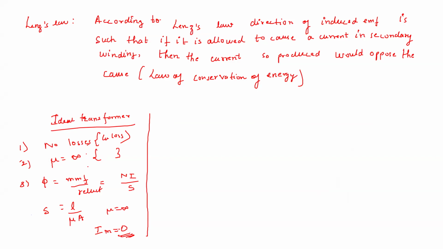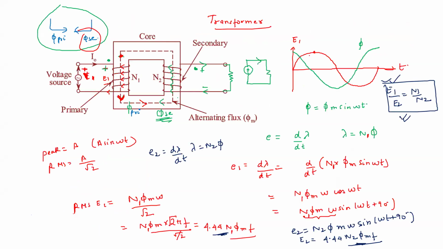Now let us write the assumptions for practical. In the practical transformer, there are no such assumptions, because practical is an actual system, right? So this is the practical transformer. If you have seen in the earlier case, we drew this E1. E2 is also in phase with this E1.